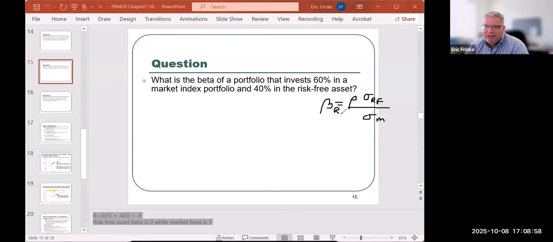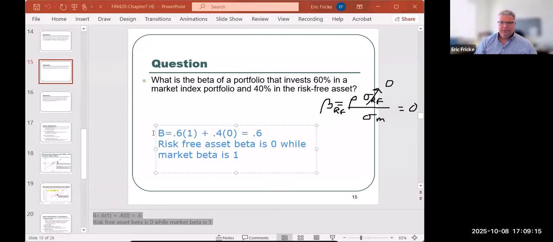So if we're talking risk-free, this goes to 0, and so the beta is going to be 0 for the risk-free asset. And so that ends up giving us this equation for the above portfolio. 60% invested in a portfolio with a beta of 1, 40% invested in a portfolio with a beta of 0, and we get a 0.6 beta.